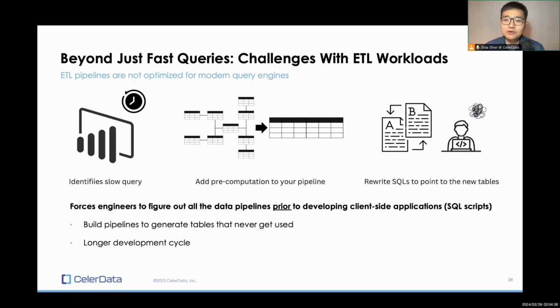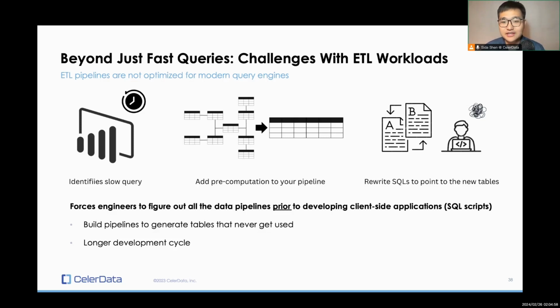But the pre-computation pipeline you just added will not take effect until the SQL is rewritten to point to the new pre-computed table you just created. And rewriting SQL is extremely time consuming and labor intensive.